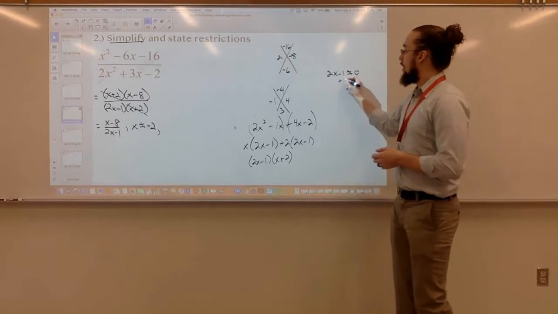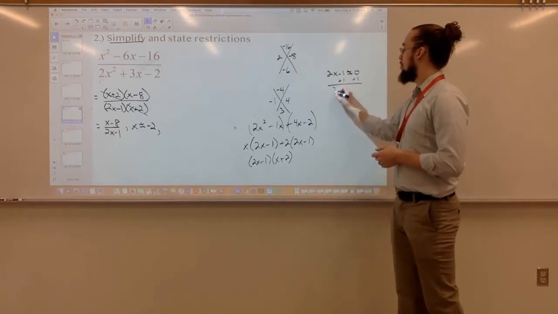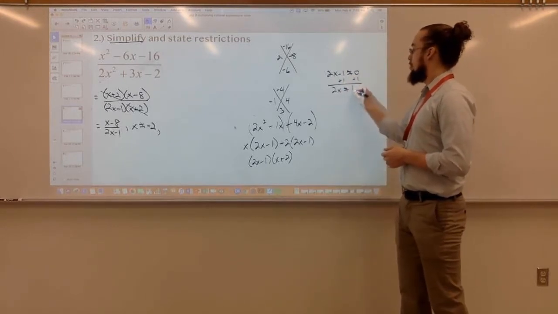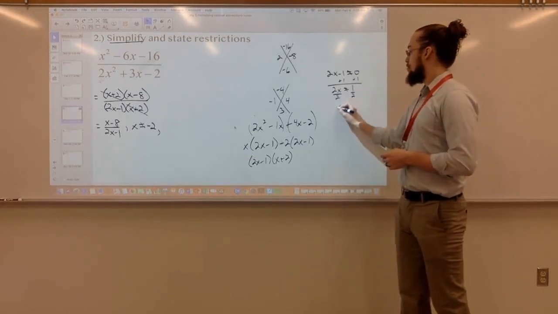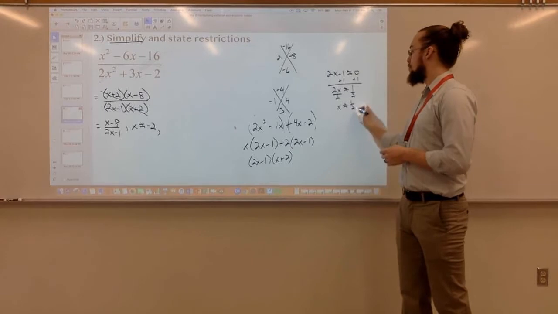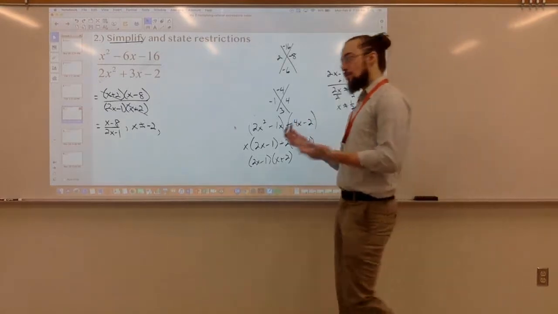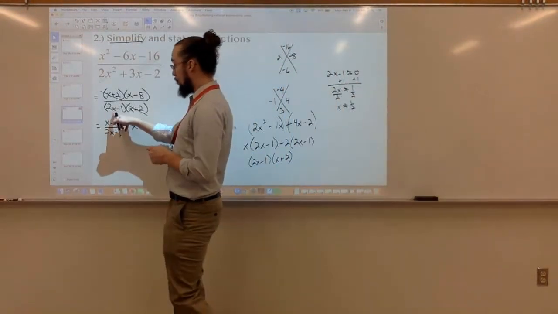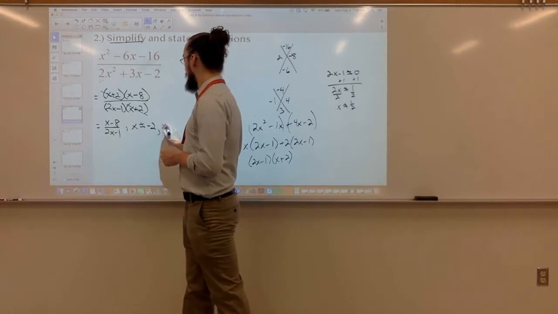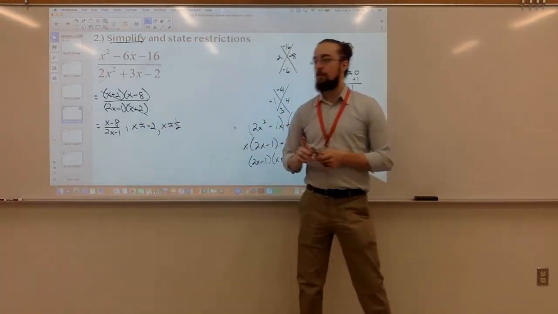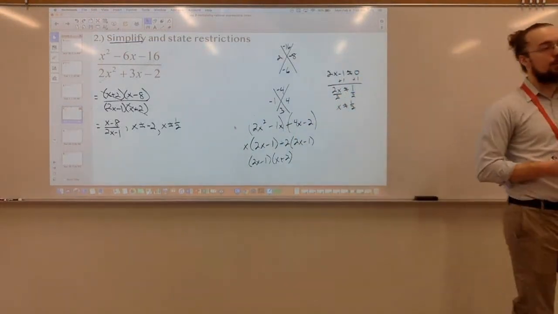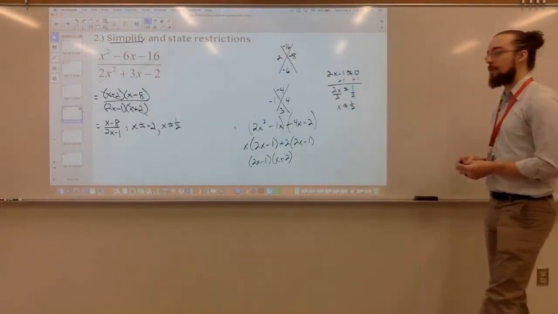I can add 1, get 2x cannot equal 1, so get x by itself, divide by 2, and we get x cannot equal 1/2. So that is my other restriction here. If I were to plug in 1/2, that factor would equal 0. We just can't have 0 in the denominator. We're not allowed to divide by 0.